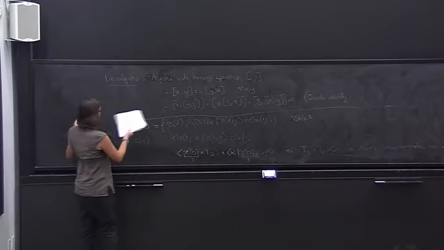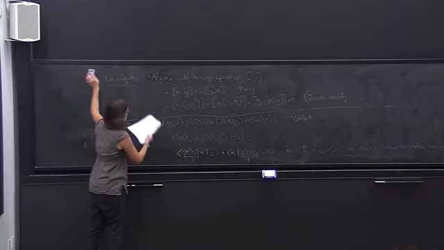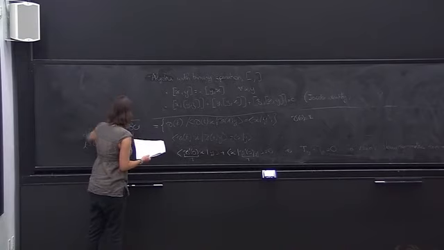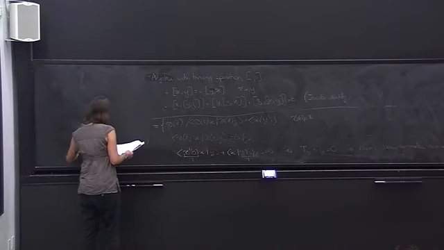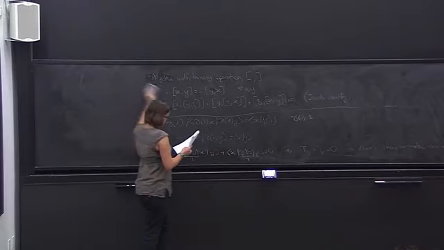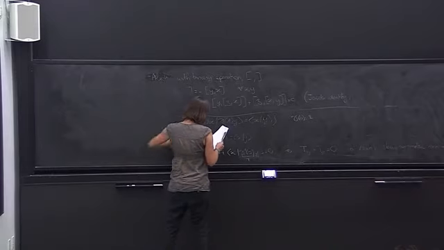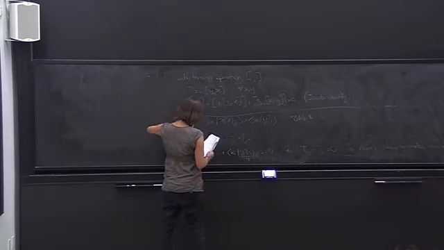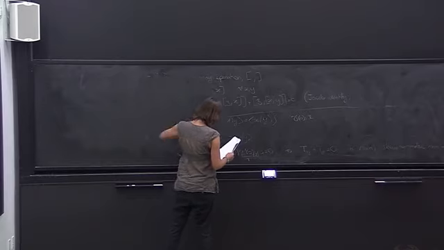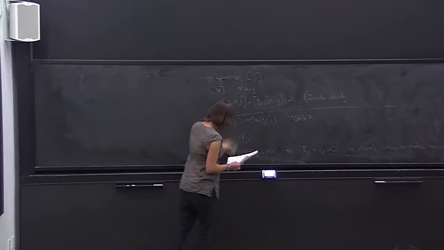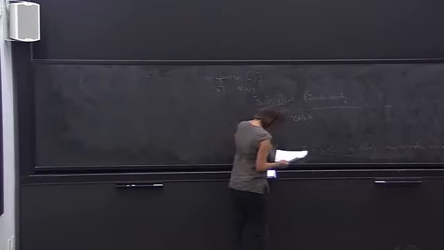Okay? So instead of keeping just this abstract definition, let's now look at the action of a Lie algebra element on a given vector space and try to see what this means. And this is what we call the representation.